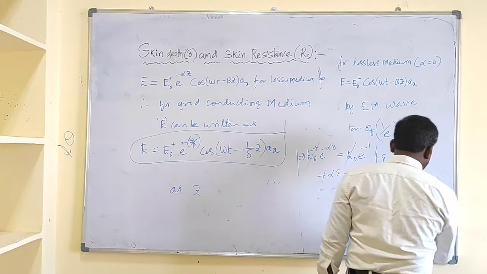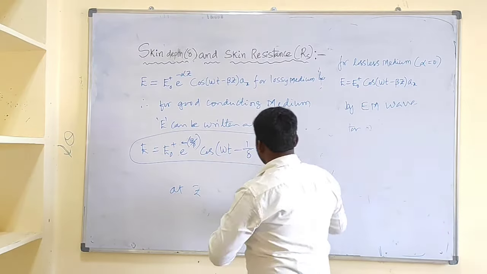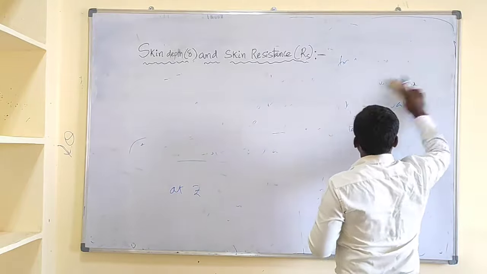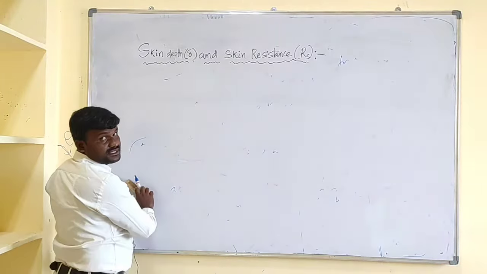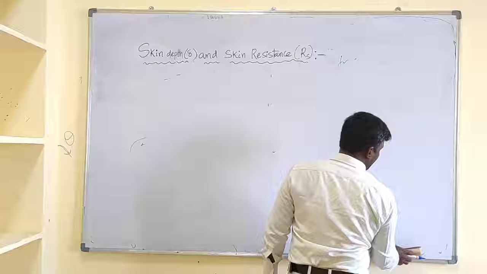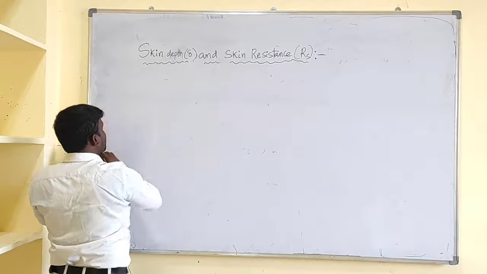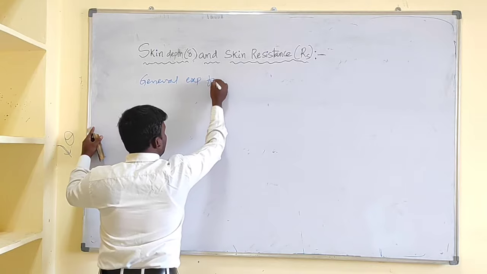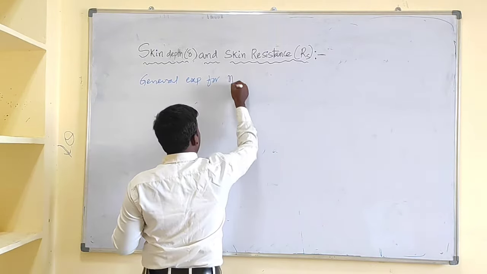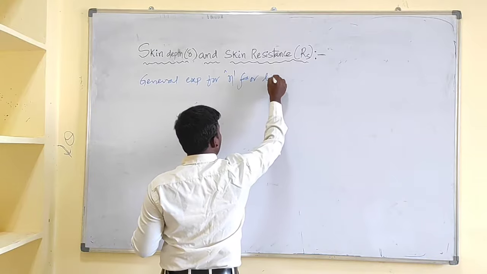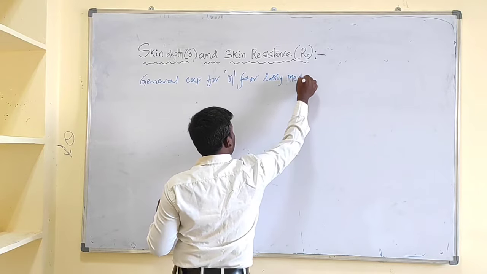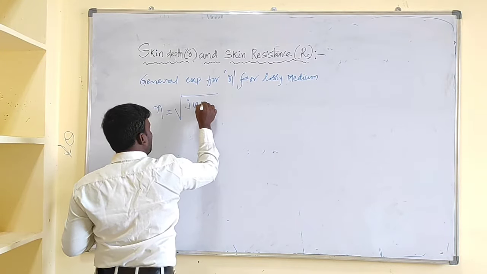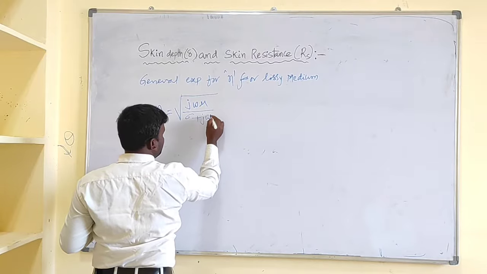Before entering into skin resistance, we will go for the intrinsic impedance of the medium for the good conductor. The general expression for eta for a lossy medium is given by eta equal to the square root of j omega mu by sigma plus j omega epsilon.